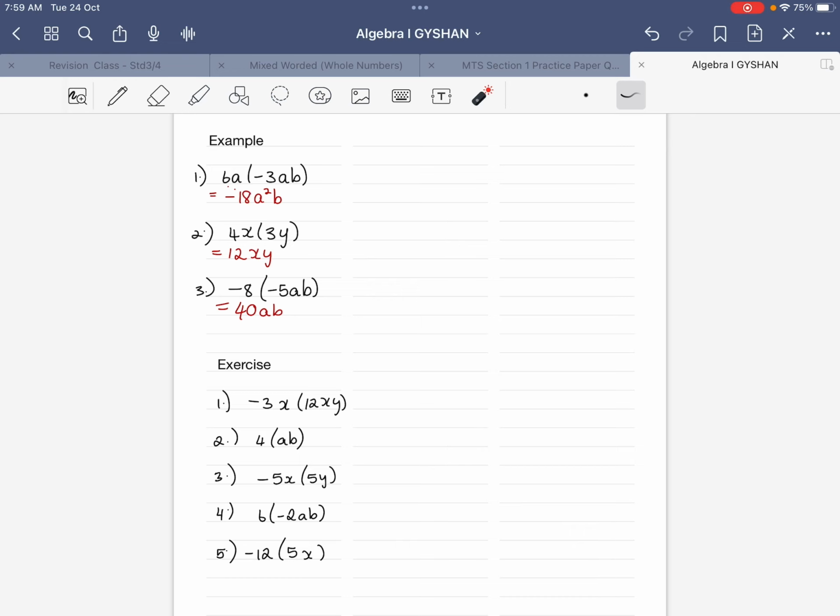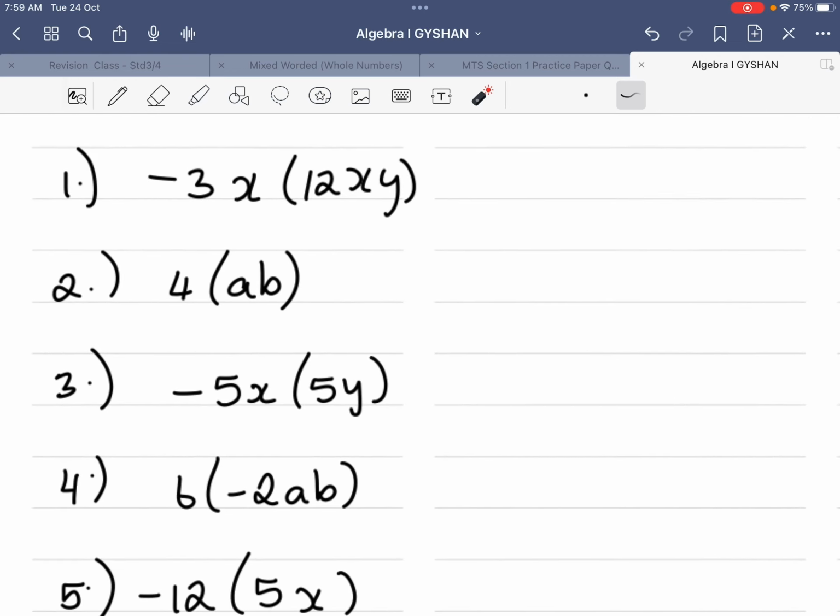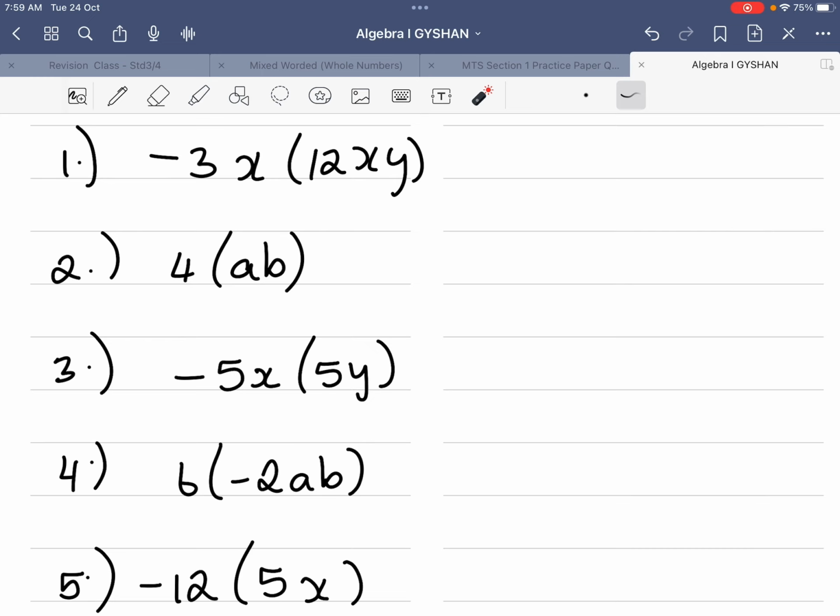Number 1. Minus 3 by positive 12 will give you negative 36. X by x will give you x squared. That's x squared y. 4 by AB will give you 4AB.